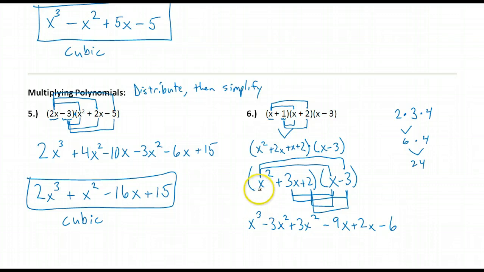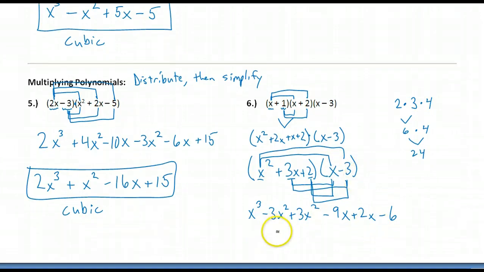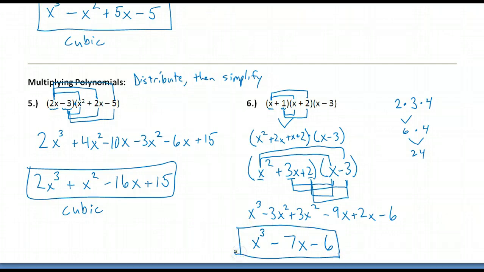So I've taken every term in this polynomial and distributed it to every term in this polynomial. Now I need to combine my like terms. Combine my x cubes, and my x squareds actually cancel out, so I don't need to write those down. Negative 9x plus 2x gives me negative 7x minus 6. I started with a linear times a linear times a linear, and my answer is cubic.